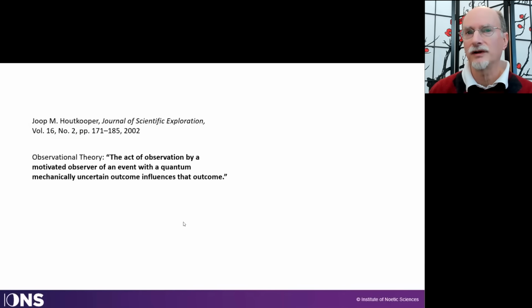What's less well known is that Jaap Houtkooper did his doctoral dissertation and published a summary of it in the Journal of Scientific Exploration, in which he talks about what was developing within parapsychology called the observational theory. And he defined it as the act of observation by a motivated observer of an event with a quantum mechanically uncertain outcome influences that outcome.